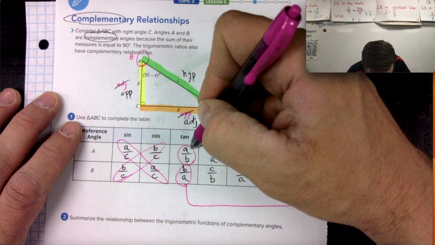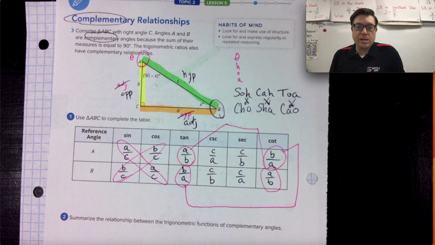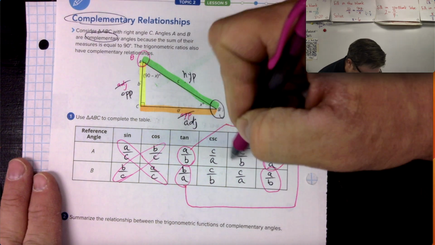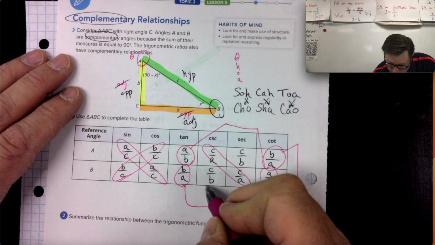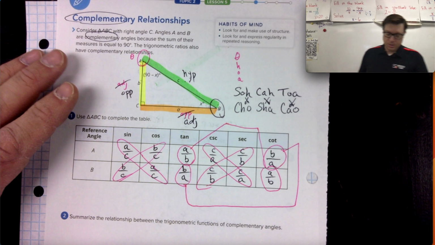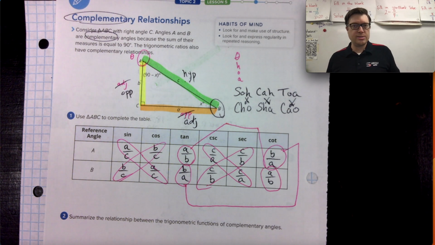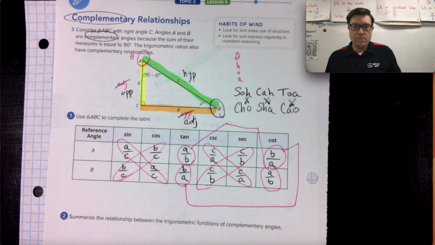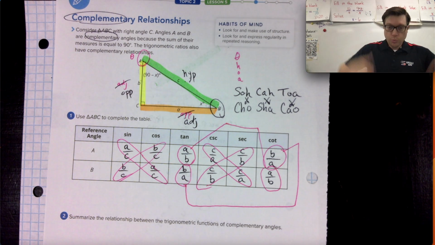Tangent of A and cotangent of B are the same. Cosecant of A is equal to secant of B. Secant of A is equal to cosecant of B. We only really need to memorize 3 fractions, because every other fraction is some reciprocal or equivalent relationship.